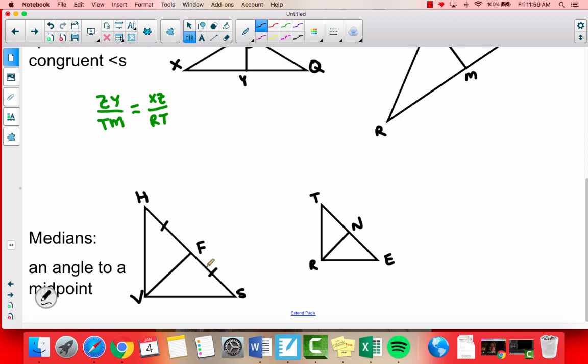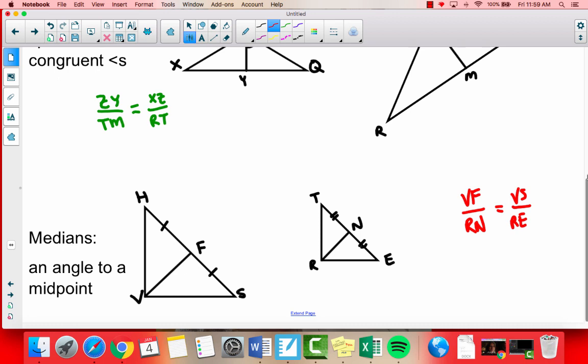So it's going to be HF and FS will be congruent, and then TN and NE would be congruent. And then again, just like before, set up your proportions. So have the medians in one ratio, VF over RN, is going to be proportionate to one pair of sides. Maybe I do VS over RE. And then we'd be done.